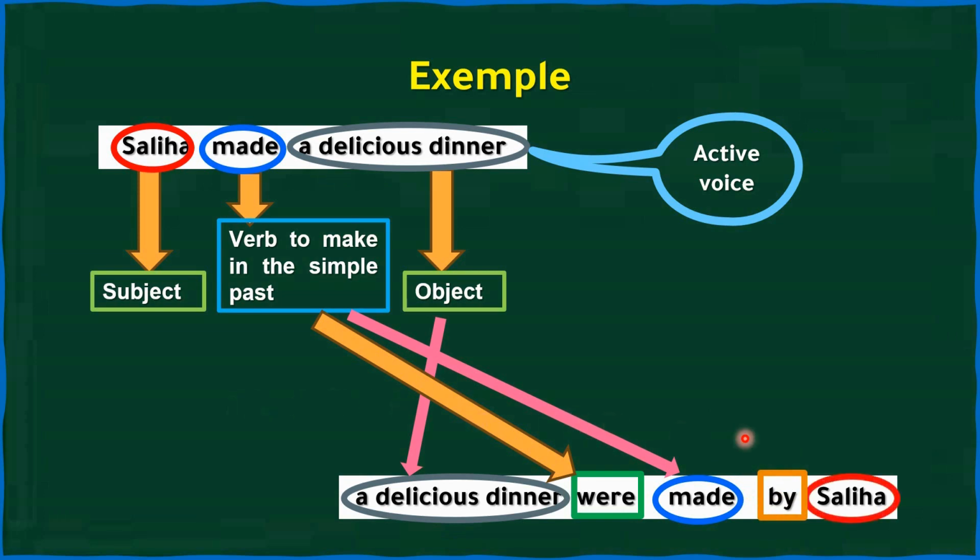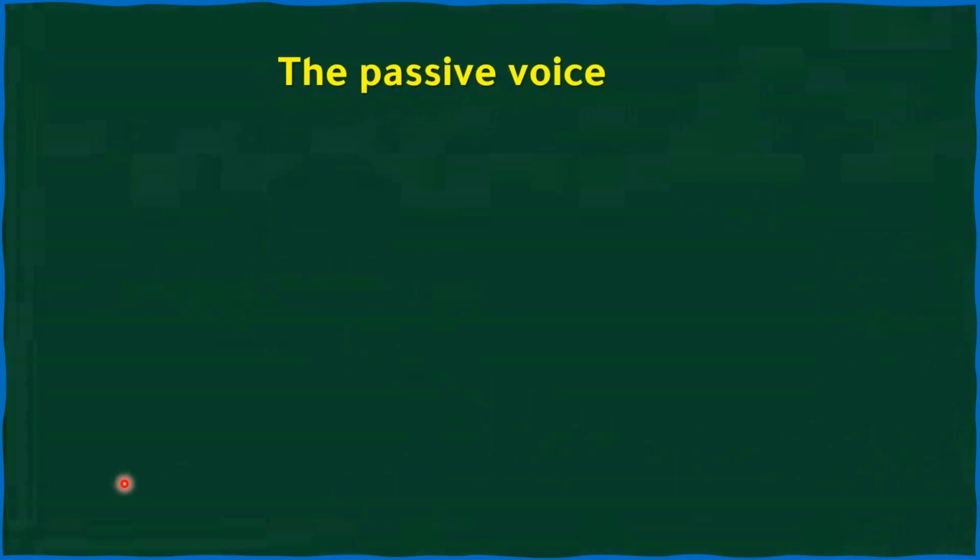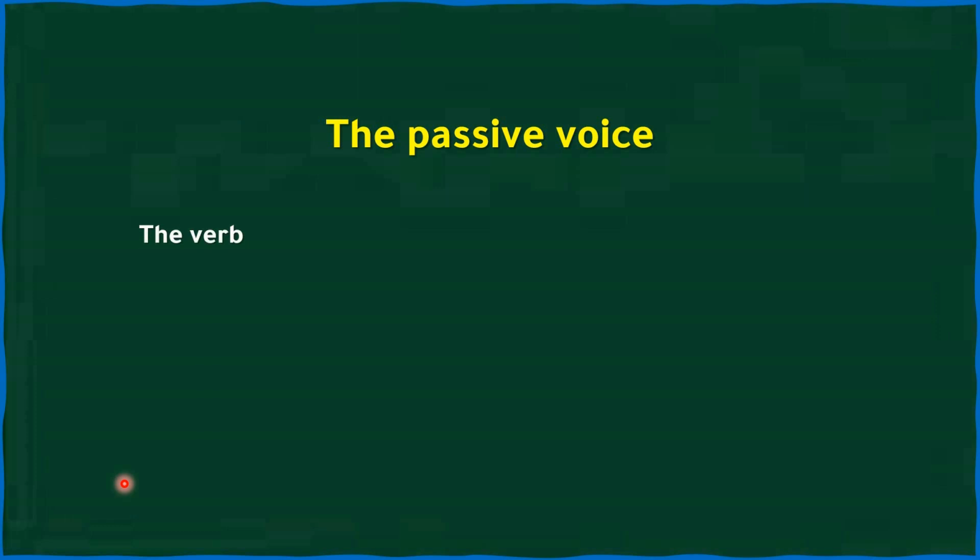Saliha is the subject here, and in the passive voice it becomes an object. In the passive voice, we put the verb to be in the tense of the main verb. If the main verb is in the present, to be will be in the present. If the main verb is in the past, to be will be in the past.